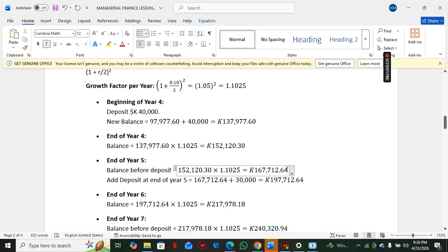Then after that, you're going to add the deposit at the end of the year, this 30,000. Remember in year 5, the deposit is at the end of the year. So first, we adjust our amount with the growth factor, and then we add this 30,000. So at the end of year 5, we have a total of 197,712.64.